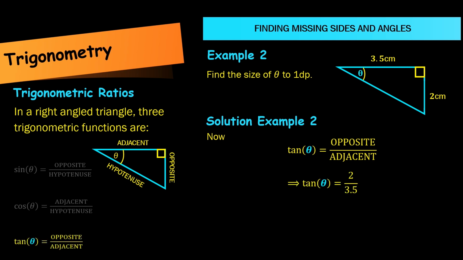Substituting in the values gives us tan theta equals opposite, which is 2, over the adjacent, which is 3.5. Therefore theta equals tan inverse of 2 divided by 3.5, which implies that theta equals 29.7 degrees.